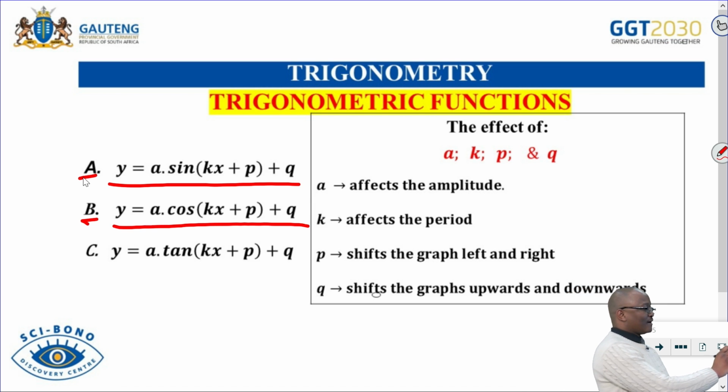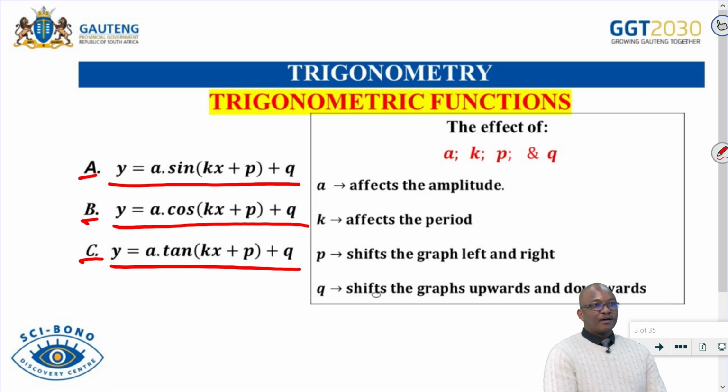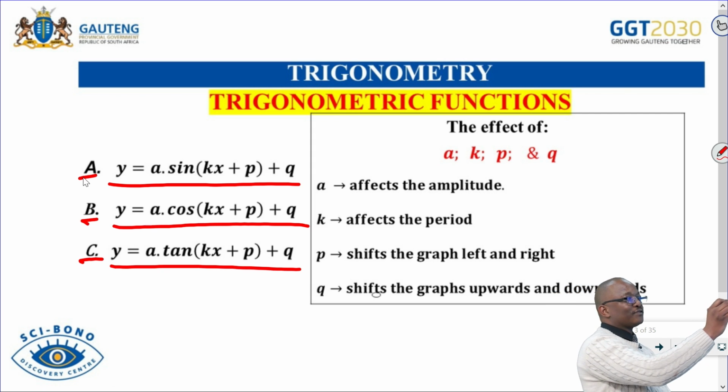And the third one is y = a tan(kx + p) + q. All those variables a, k, p, and q have effects on our graphs or equations. So, looking at the effect of A, K, P, and Q.